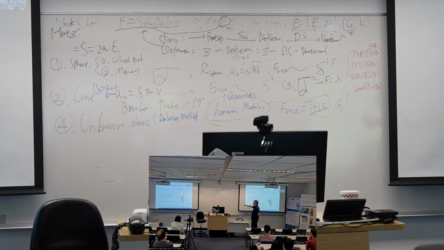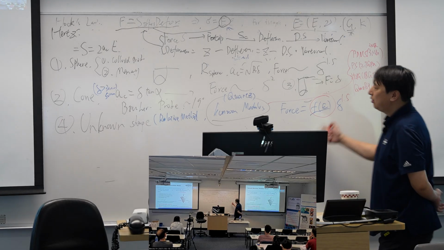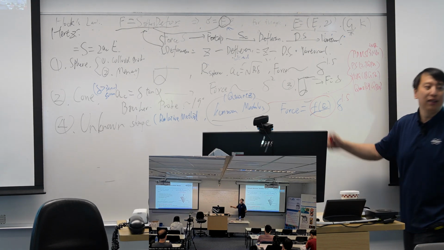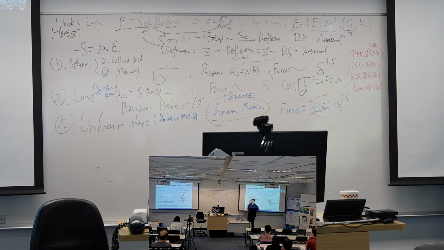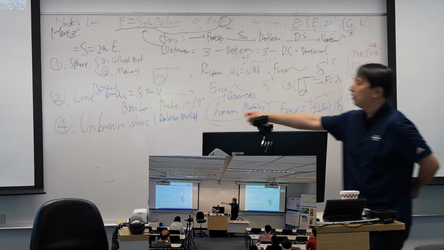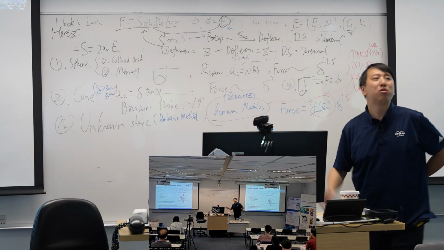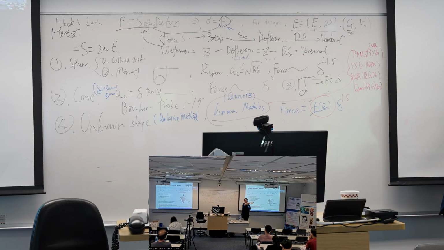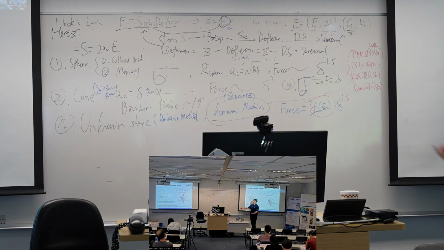We think the probe is a sphere, and then we use that to define the coefficient. That's the AFM's relative method. Of course, it's not that accurate compared with the nanoindenter, but it's okay to use it.